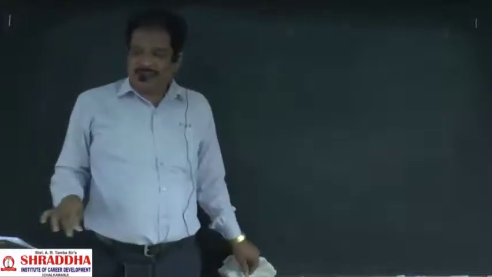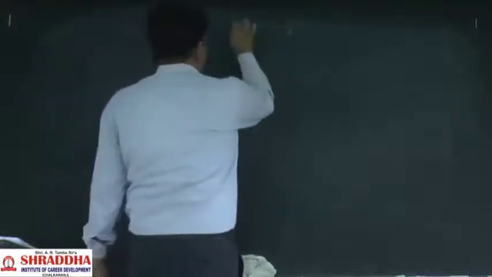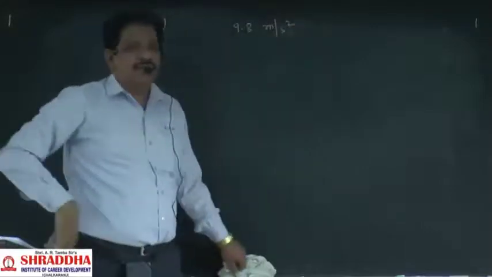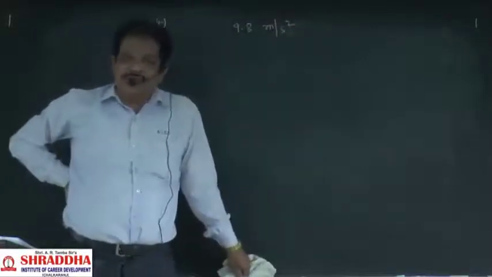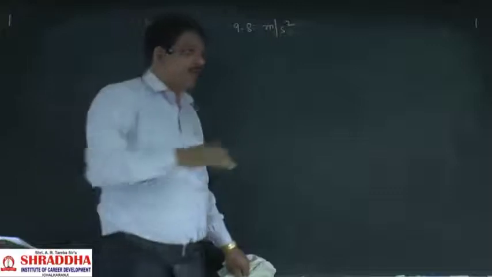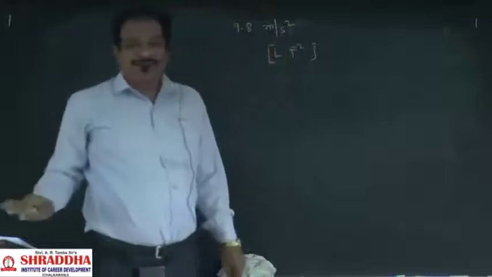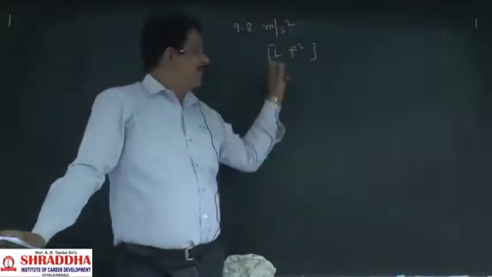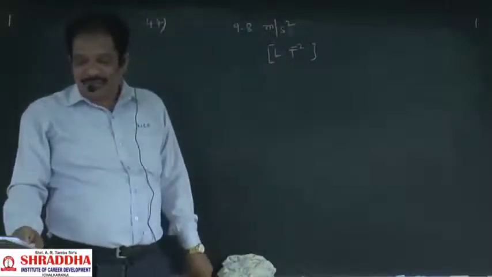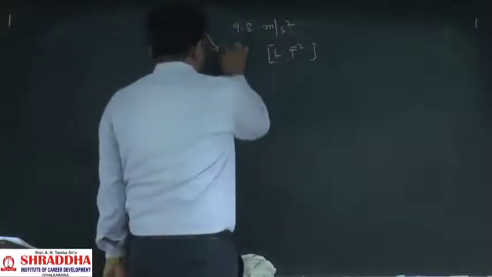What they are asking, see, acceleration due to gravity is 9.8 meter per second square. That is acceleration due to gravity. What is its dimensional formula? Acceleration due to gravity dimensional formula we know very well. I know very well, you know, definitely you will also know. L t power minus 2. Okay. M power 0, L t power minus 2. 44, it will be D.